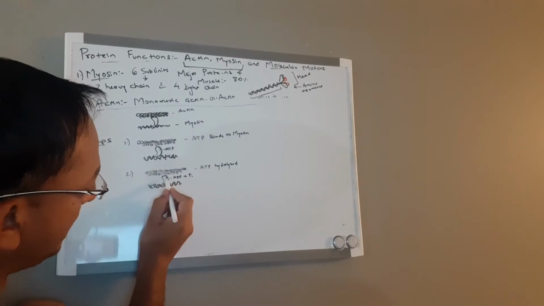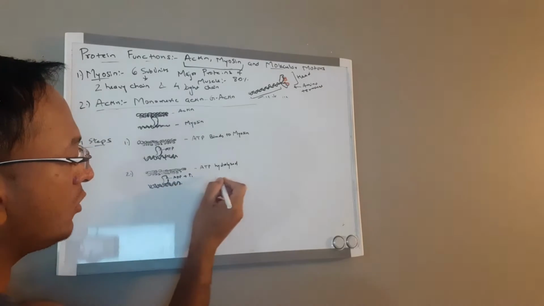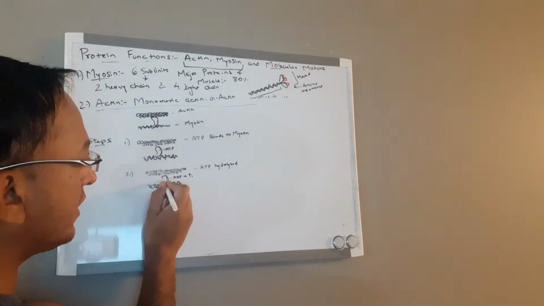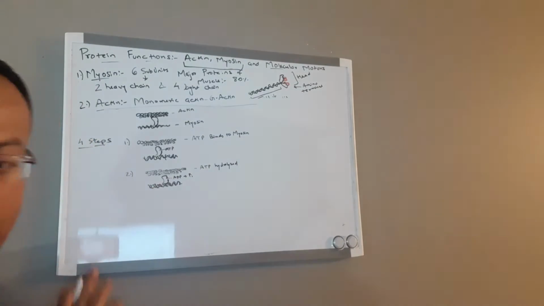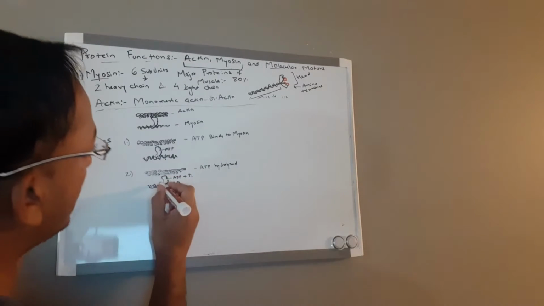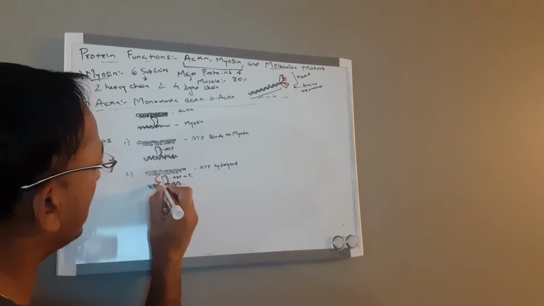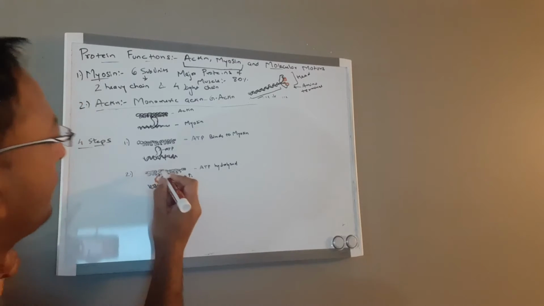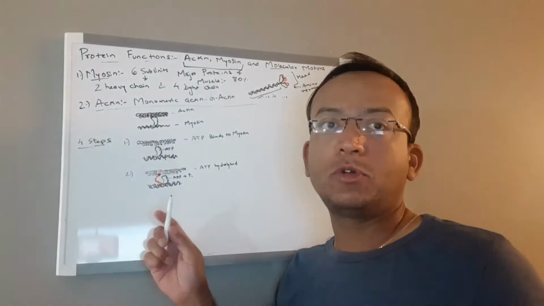So for example, the myosin head is bound to this F-actin subunit, but due to this hydrolysis, the myosin head is now moved, and I'll draw it here, and it attaches to this unit, maybe, right? So what happened in this step 2?